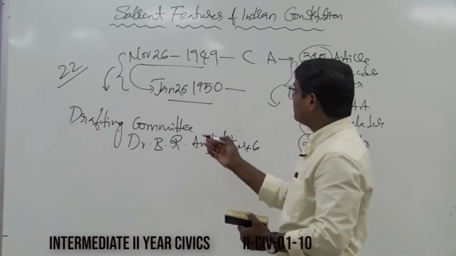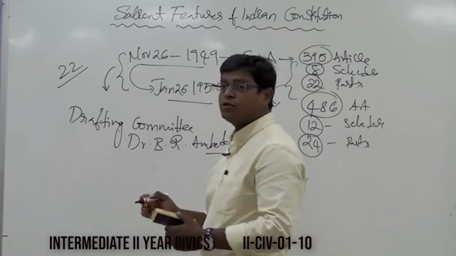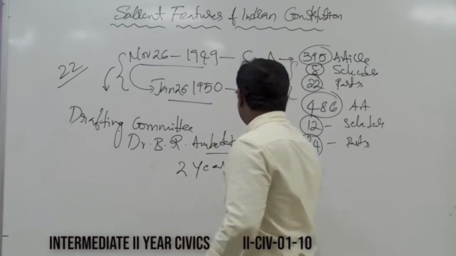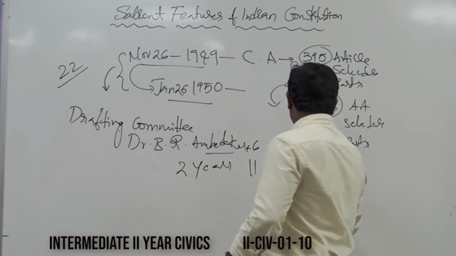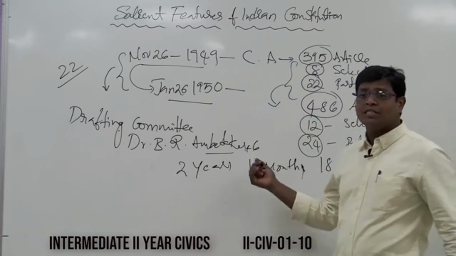For making the Constitution, the Constituent Assembly took 2 years, 11 months, 18 days. You have to note it down.